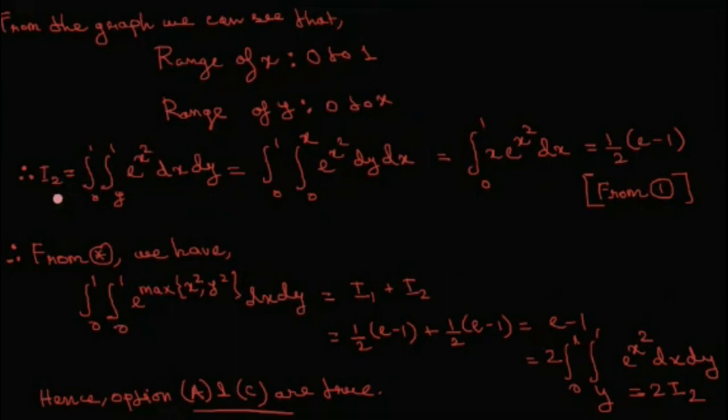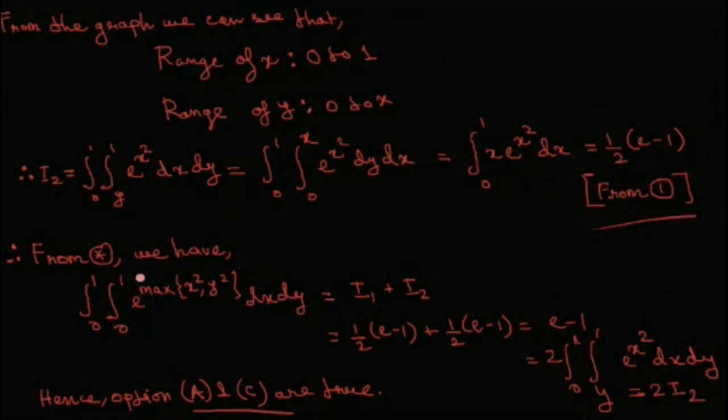So our integral I2, from the integral 0 to 1, y to 1, e to the power x square dx dy, becomes 0 to 1 and 0 to x of e to the power x square dy dx, which is nothing but half into e minus 1, a simple integral calculation.